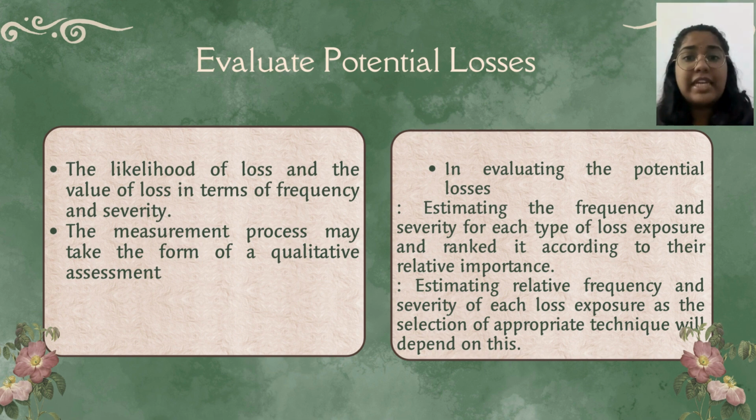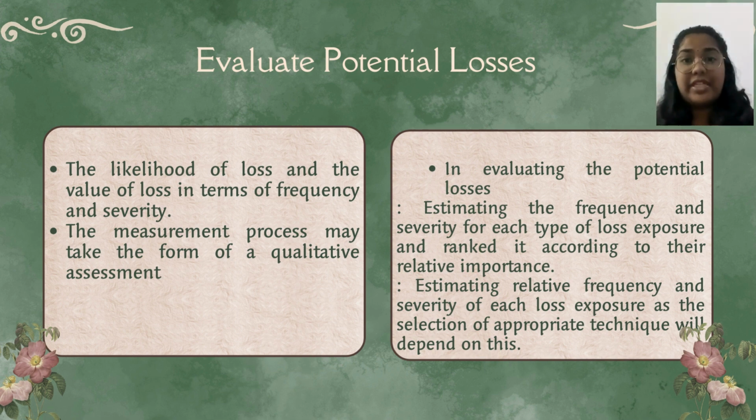Identifying and determining the loss exposures alone is not sufficient. In evaluating the potential losses, we estimate the frequency and severity for each type of loss exposure and rank them according to their relative importance. High loss exposure will be given priority.